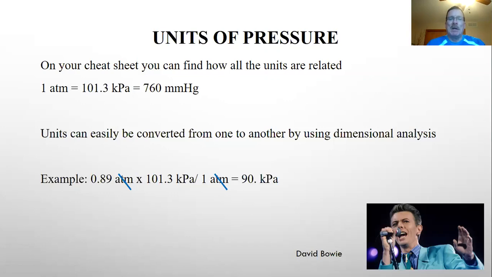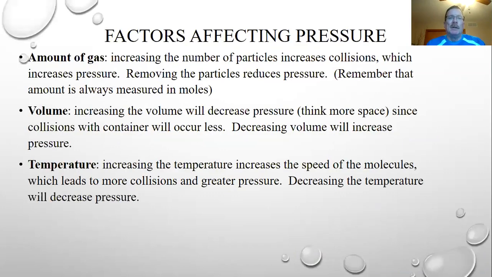Okay. So you will have to do some converting and just know where those standard pressure values are. Okay. And we'll talk about standard temperature values when we really get into the math tomorrow.